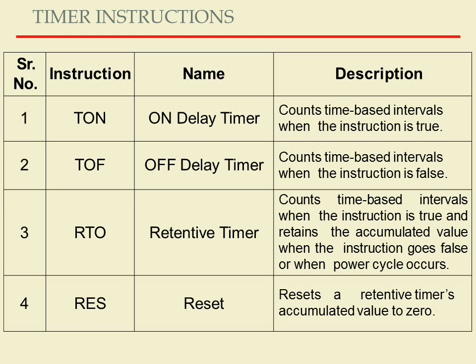Next is RTO, retentive timer, which counts time based intervals when the instruction is true and retains the accumulated value when the instruction goes false or when a power cycle occurs. Next is RES, that is reset. It resets a retentive timer's accumulated value to 0.